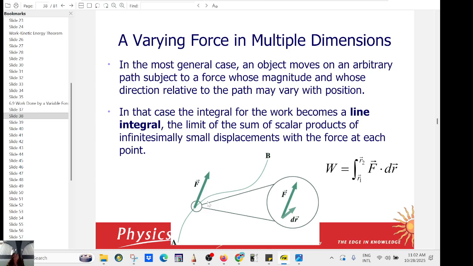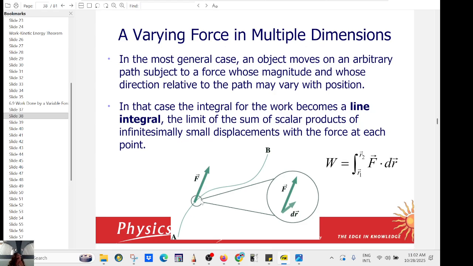Is that clear? So that's why the formal definition uses a dot product, a scalar product, because that will be the component of F along that small displacement, and then you need to add them up. It's like adding work. Is that clear?